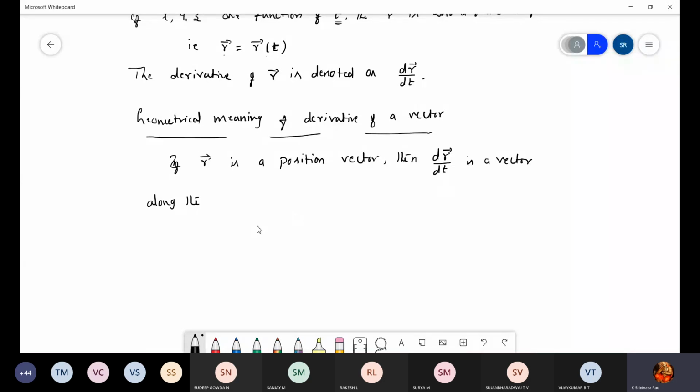Yes. It is a vector along the tangent at a point P. This is the geometrical meaning: tangent vector T equals dr by dt.